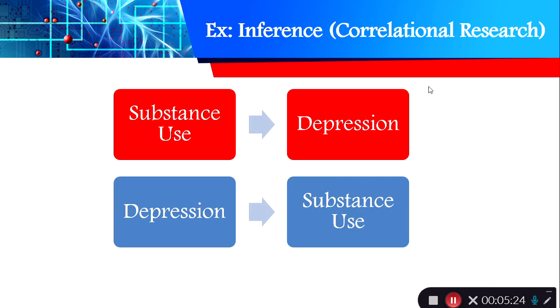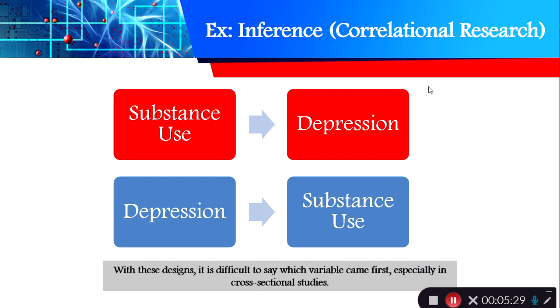So here are a couple of visual examples that help to solidify these points a bit more. When it comes to inferences and correlational research, the reason why we're unable to make causal inferences is because of the fact that, let's just take, for example, the relationship between substance use and depression.